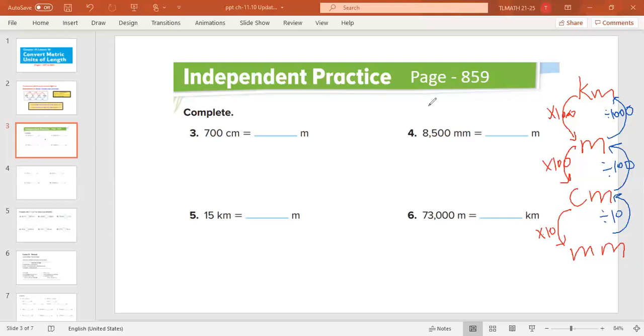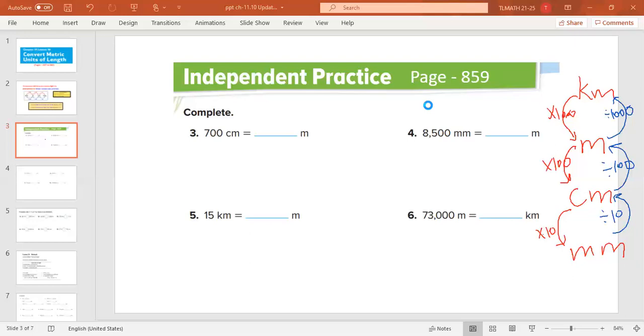Now, let's do our questions using this diagram. Question number 3. In this question, we need to convert from centimeter to meter. So I'm going backward from small to large. From centimeter to meter, using my diagram, I'm going to divide by 100.